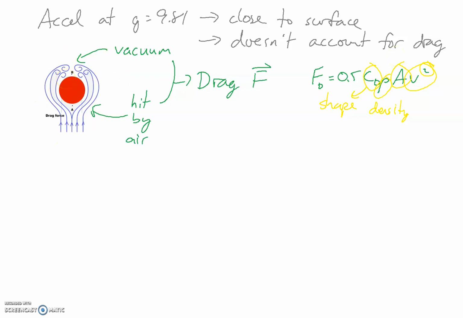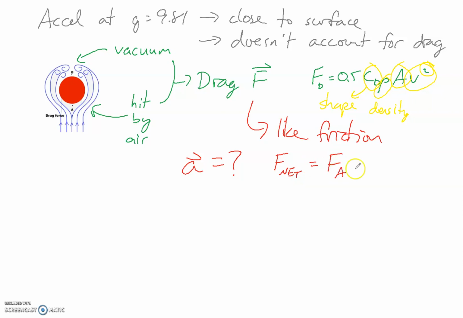But basically for what you guys are going to do, it's like friction. It's the exact same idea as friction. If you want to know the acceleration of a falling object, well, when you did boxes and stuff like that, you didn't need any force, you needed net force. You would take the applied force and take away friction to find the net force, because that net force is what got you the acceleration.